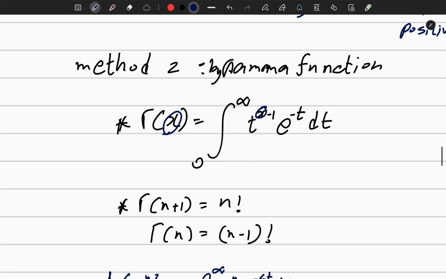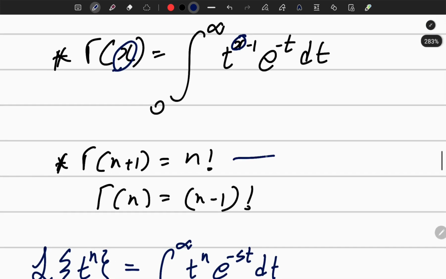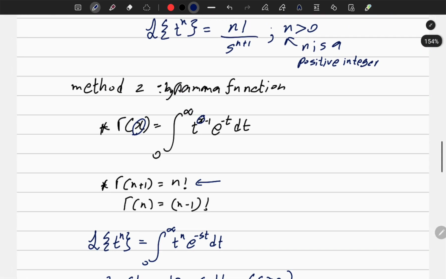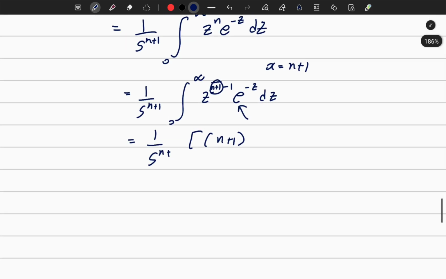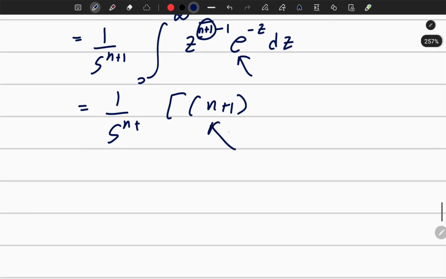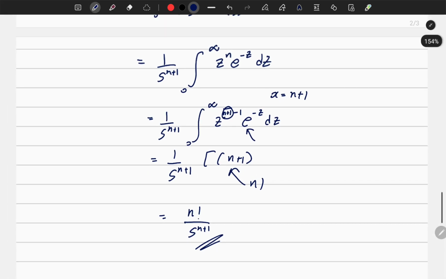Above, I said the gamma function of n plus 1 is n factorial, so I'm not going to prove that here. Now I'm going to use that term. So this is n factorial, and I have n factorial over s to the n plus 1. Easy, right?